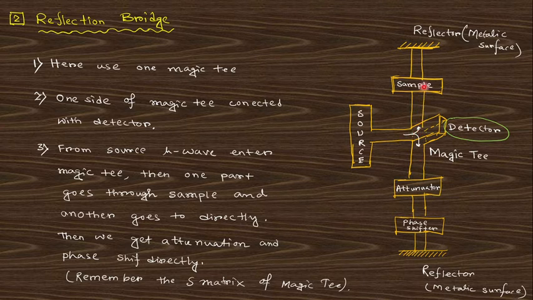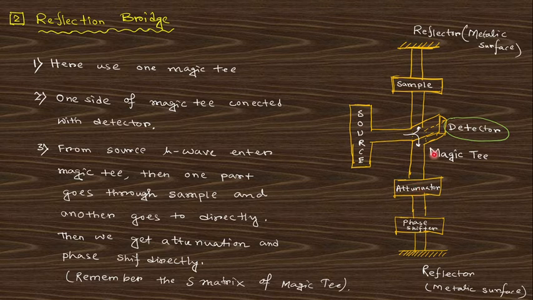By the source it goes to the reflector and comes back, and the other part goes to the attenuator and phase shifter, is reflected, and then comes back here. So when they enter from these two sides, 1 and 2, then it is emitted from the fourth side. You remember the magic tee characteristics.